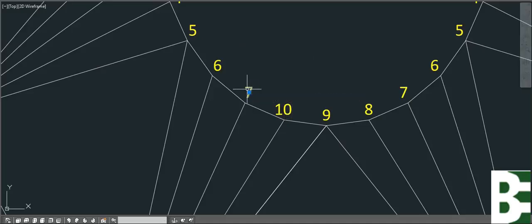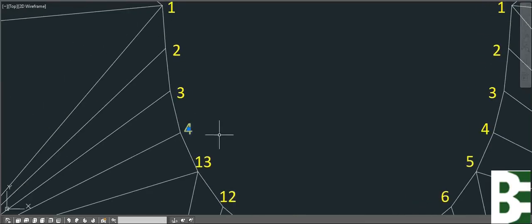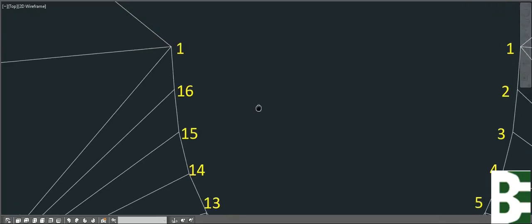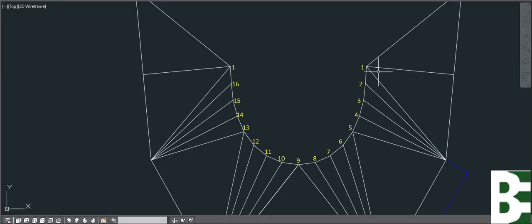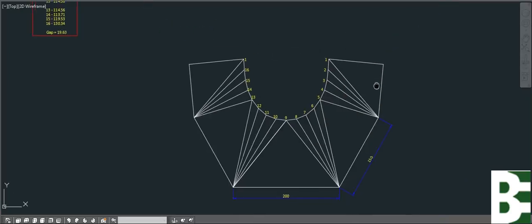Added all these numbers, because now this is the other side when I came from the clockwise. 1 2 3 4 5 6 7 8. This is number 15, this is number 16, and when I will fold I will bend this sheet, this number 1 will match with number 1.